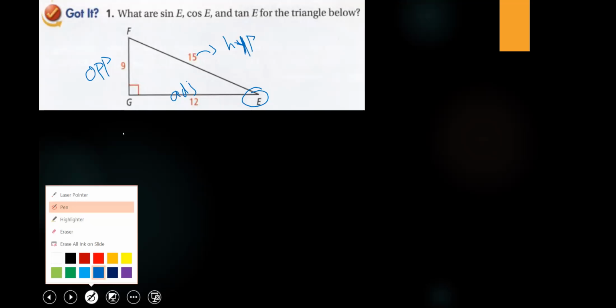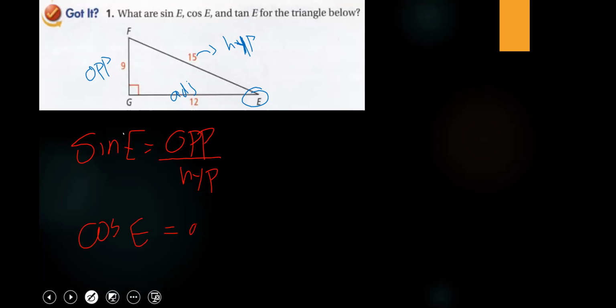Now let's find the sine, cosine, and tan. Sine E is opposite over hypotenuse. Cosine E is the adjacent over the hypotenuse.